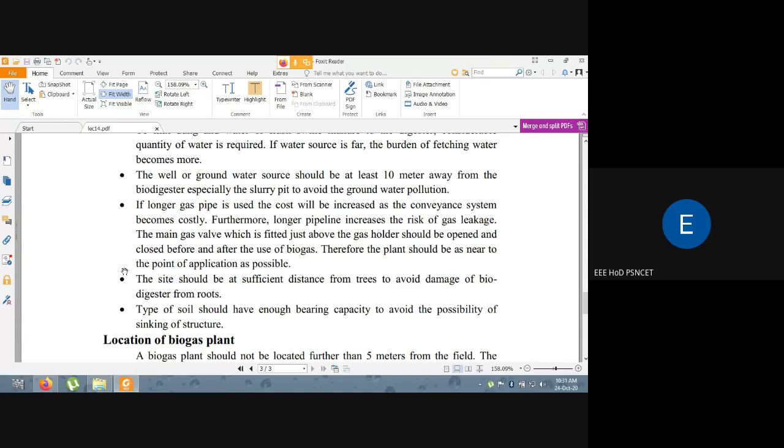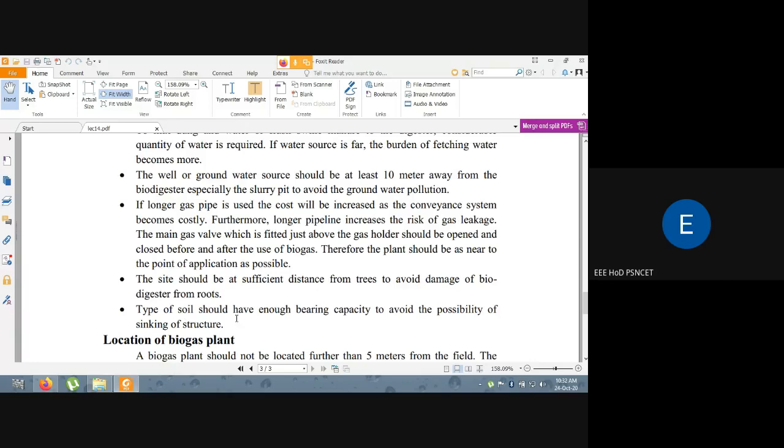If we have trees, the roots of those trees may enter this digester because we have water content inside the digester. It may crack the bricks, and if the digester walls are cracked, definitely there will be a cause for gas leakage. So we should avoid that.